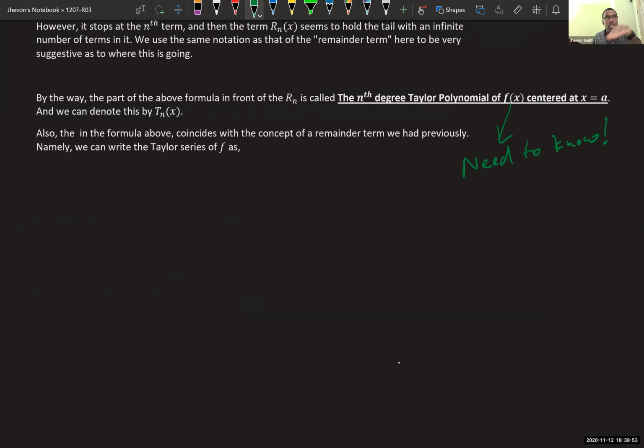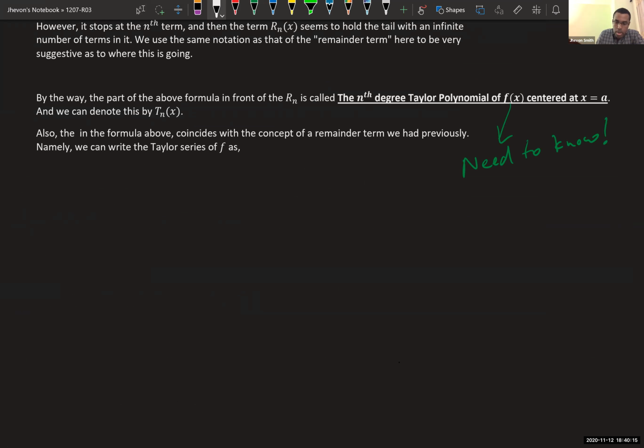It's literally just using the Taylor's formula that I told you about for Taylor series, but you only do it for a certain n. So I can ask you, find the third degree Taylor polynomial. And pretty much what you do is you take the Taylor series and you write out up to the power x cubed, right? You actually just write it out. And that's basically it.